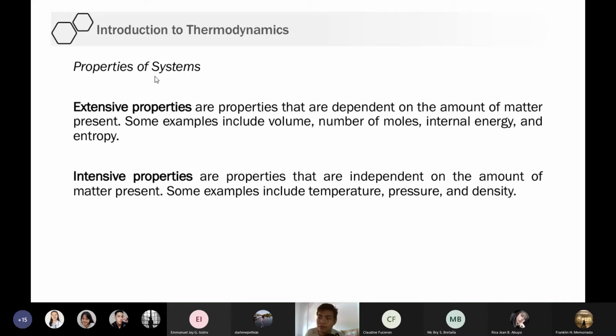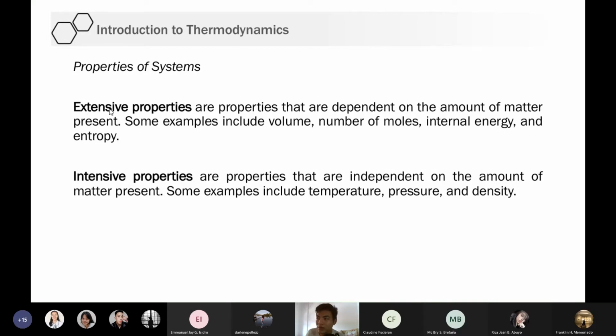Okay? So, ang properties of system ay intensive or extensive. Katulad lang din ng properties of matter. Okay? Kasi, ang system natin ay technically, parang matter lang din yan. Okay? So, ang matter natin may extensive and intensive property. Ang system, ganun din. Okay? So what are the extensive properties of matter?